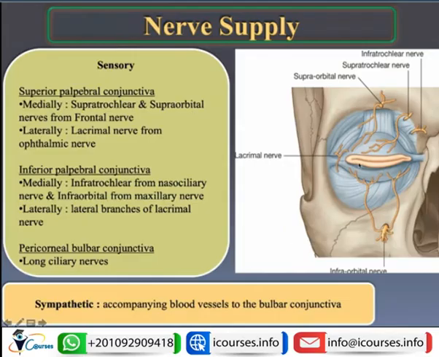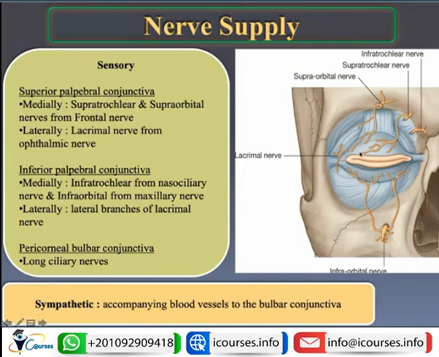So the palpebral conjunctiva can be divided into the superior and the inferior palpebral conjunctiva. The medial part of the superior palpebral conjunctiva is innervated by the supratrochlear nerve, while the medial part of the inferior palpebral conjunctiva is supplied by the infratrochlear nerve. The middle part is supplied by the supraorbital nerve, and the middle part inferiorly is supplied by the infraorbital nerve.